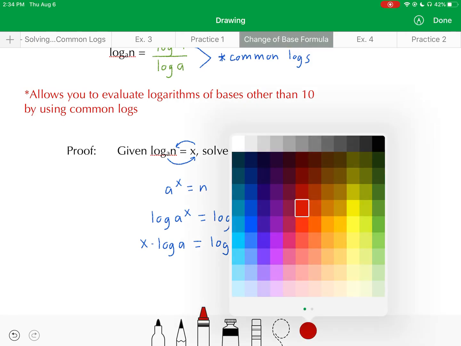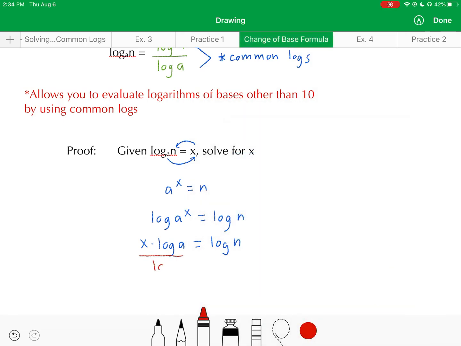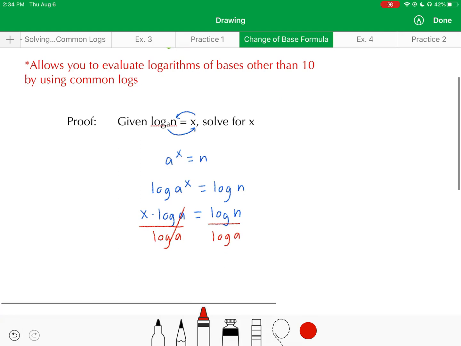And to solve for x now, I can just divide both sides by common log of a. Notice what I end up with. And there's my change of base formula, okay?